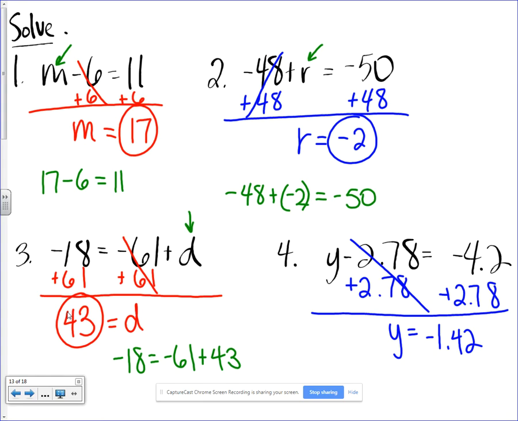Okay, you need to be an active participant in this video. I'm getting negative 1.42. So I'm going to take that negative 1.42 and put it in for y. I'm going to type it in my calculator and ask myself, does it actually equal negative 4.2? If it does, then it is the correct answer.